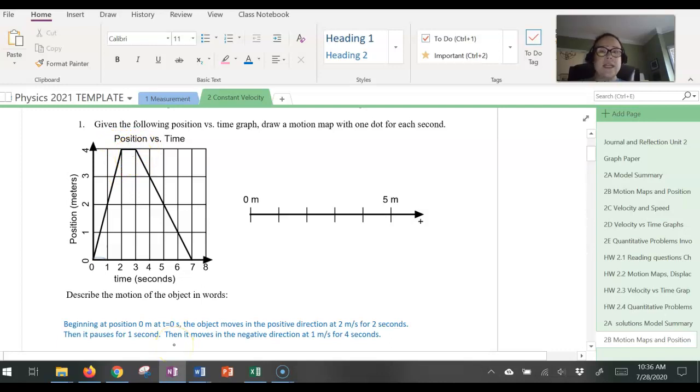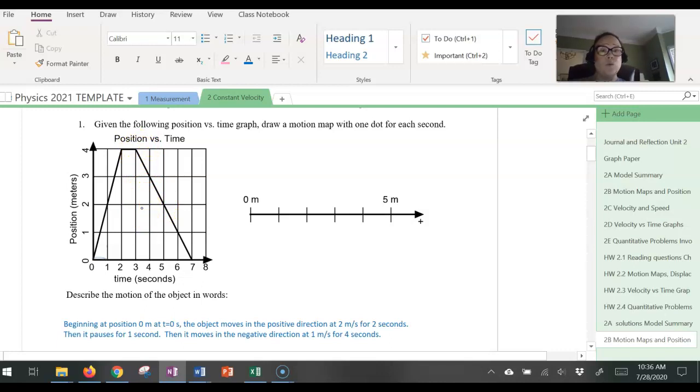Then it moves in the negative direction. I see a negative slope here, so that means it's moving in the negative direction, and it moves at 1 meter per second for 4 seconds. And I can tell that it's 1 meter per second because as the time goes over 1 second, the position has come down 1 meter.